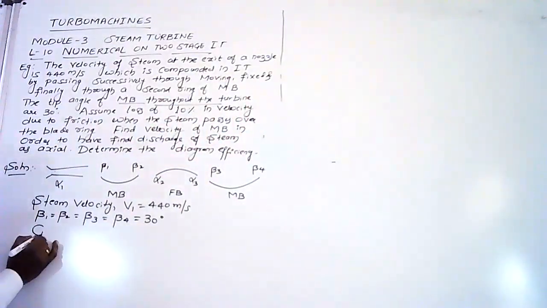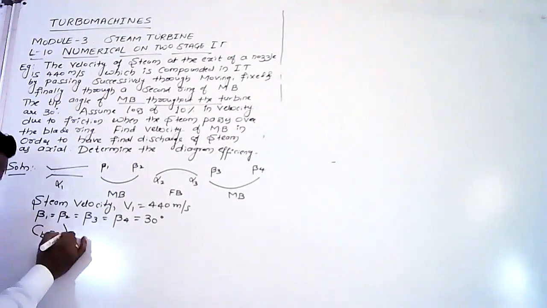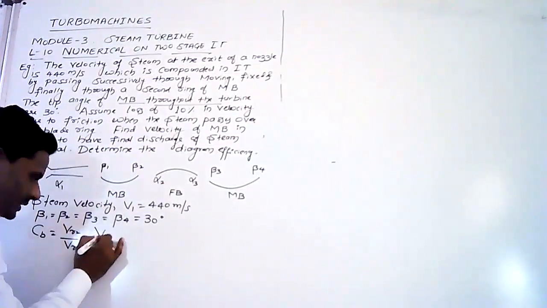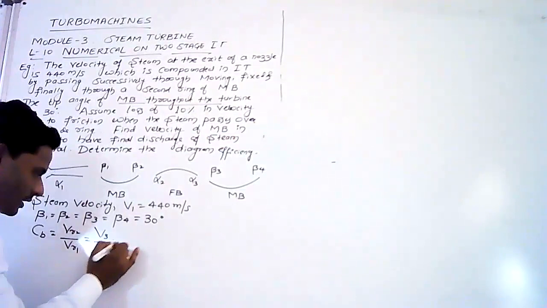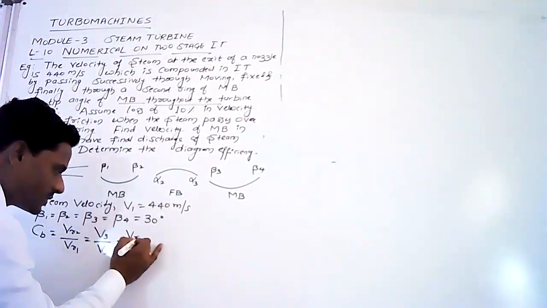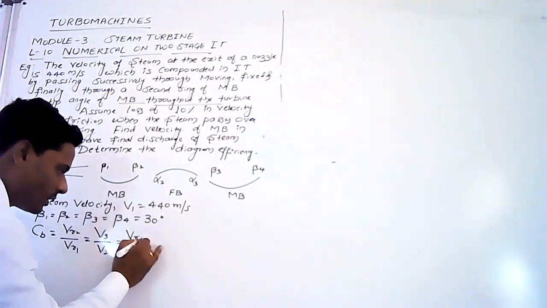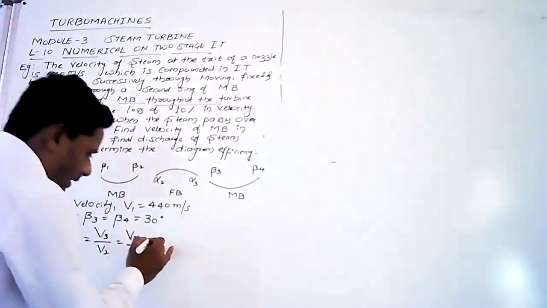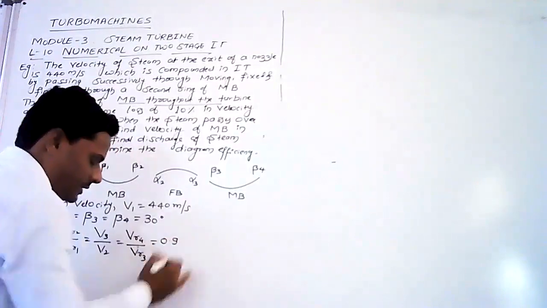The blade coefficient CB equals, for first row of moving blade, VR2 by VR1. For fixed blade, V3 by V2. And for second row of moving blades, VR4 by VR3. It is equal to 0.9.